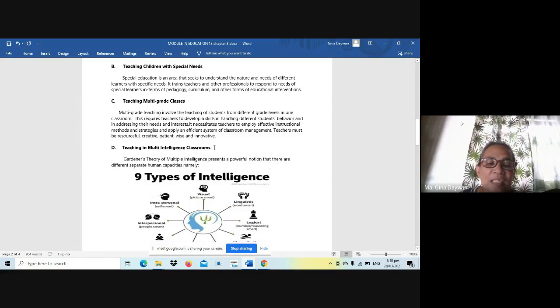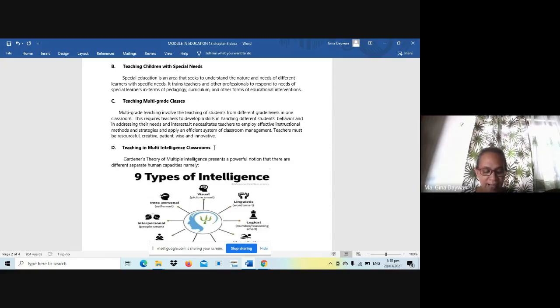Okay, next, teaching in a multi-intelligence classroom. This is another challenge in teaching. Now, the idea of learners having multiple intelligences came from the research of the famous Harvard University professor Howard Gardner.